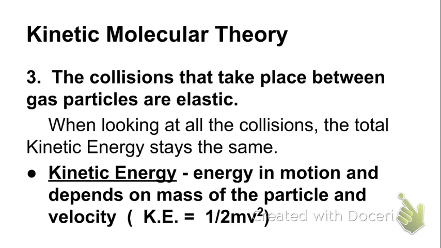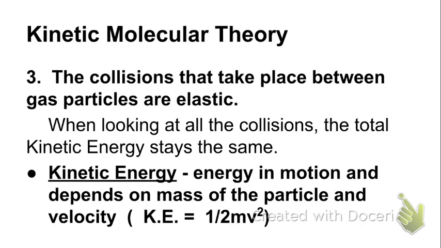So, these collisions are like a basketball that you drop and it just continues to bounce forever and doesn't slow up. The reason why these can collide and not lose energy is because they're really, really small. And they have a characteristic of an elastic collision. An inelastic collision is one where something hits, it sticks. And it doesn't bounce off.